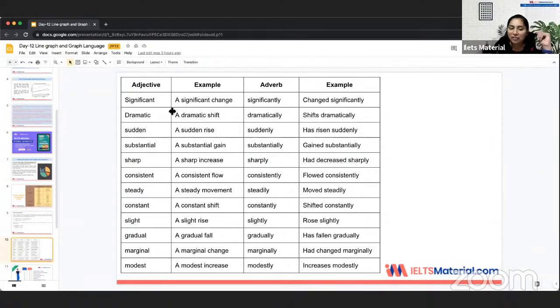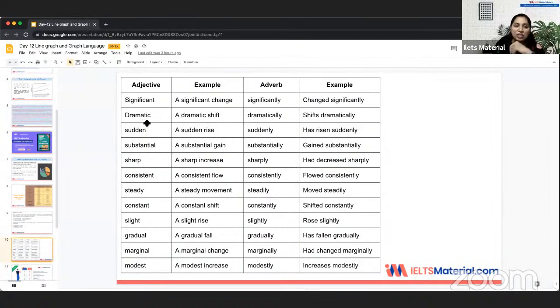So let's take significant, a significant change. If I take significantly, then I can say changed significantly, increased significantly. So this is what I explained, Chahat. You have to take the verb and then you take the adverb.